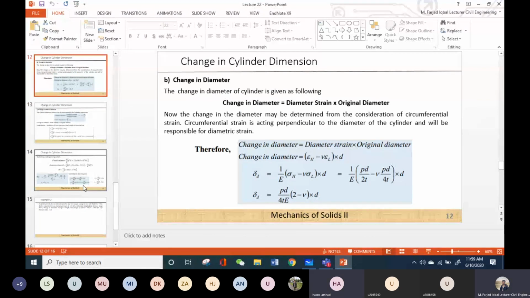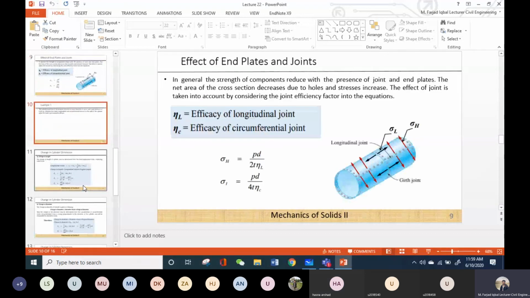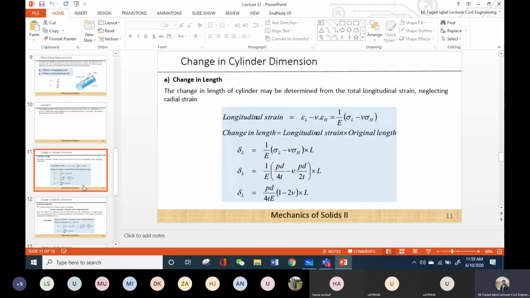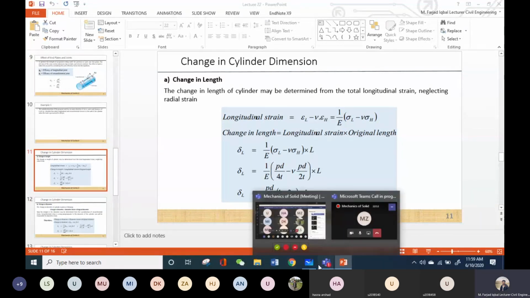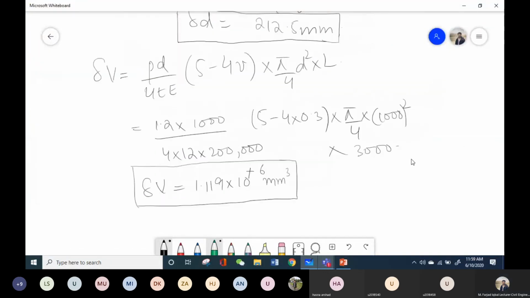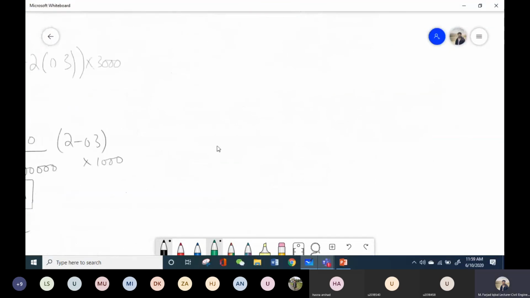Actually, the purpose of Poisson ratio is that it can cause the reduction in strain. Let me just explain briefly. When there is any material and a strain is applied in one direction, firstly we need to apply the force.